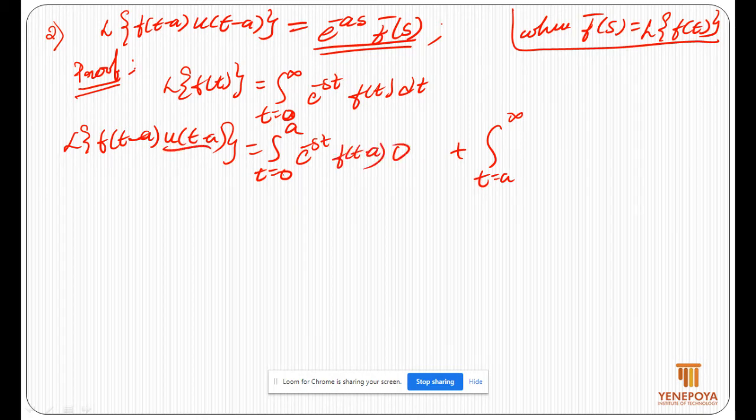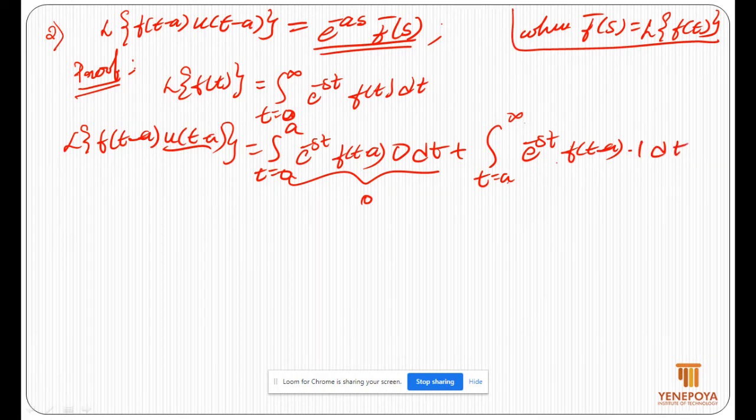It is 0 in the limit 0 to a with respect to t, so this is a vanishing term. The unit step function has value 1 in the limit a to infinity. So this can be written as integration from t equals a to infinity of e power minus st f of t minus a dt.